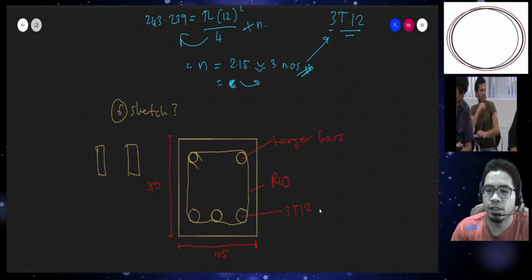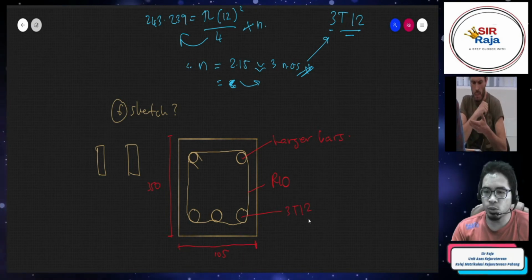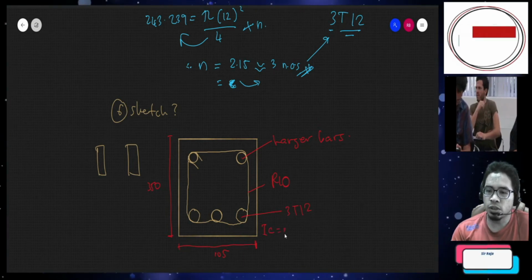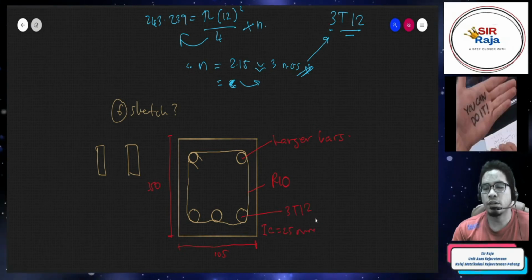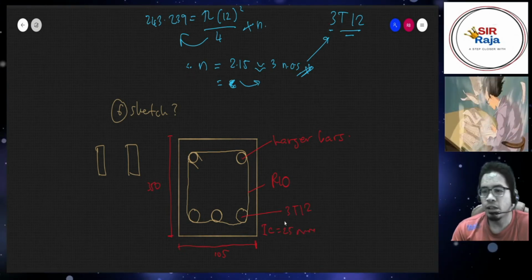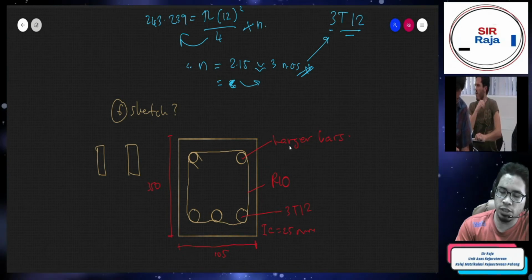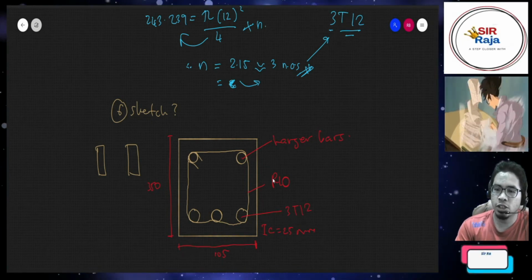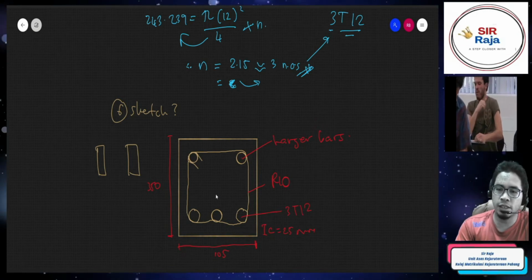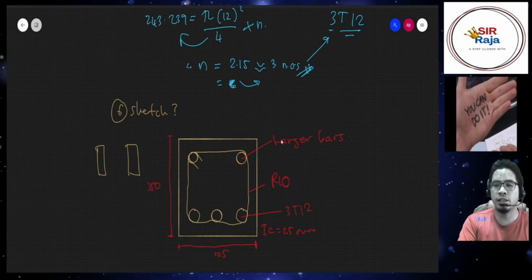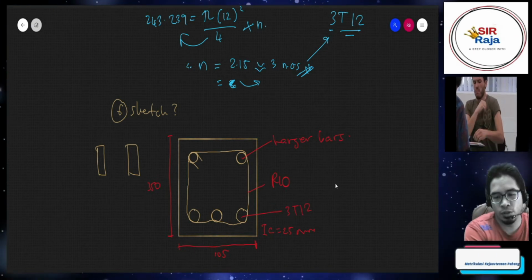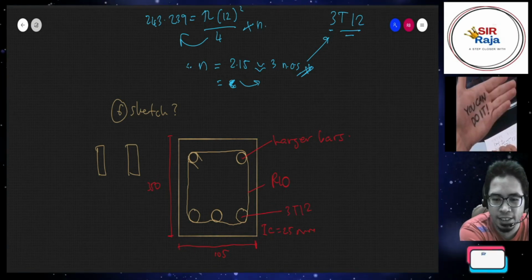And that's it. If you want to give more detail, you can just mention here the cover C is 25 mm. Doesn't matter. But the important information is this bit here, B and H, and then the internal things here: the steel, the hanger bars, the R10 links, and so on. And this is your answer for question number 6.